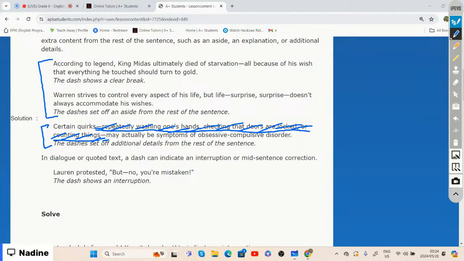And in this case, that additional information is giving us examples of what the certain quirks may be. So certain quirks, like repeatedly washing the hands, checking that the doors are locked, or counting things, may actually be symptoms of obsessive compulsive disorder.